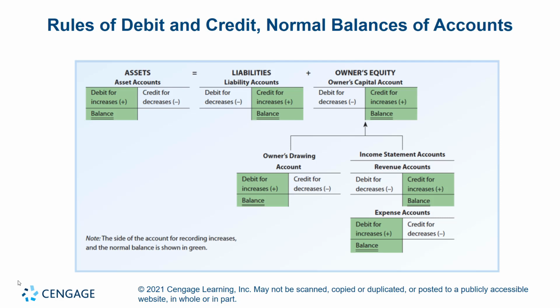While for liabilities like accounts payable, increases are on the credit side. An account balance is established when something is purchased on account, and that balance is on the books and recorded as a credit.